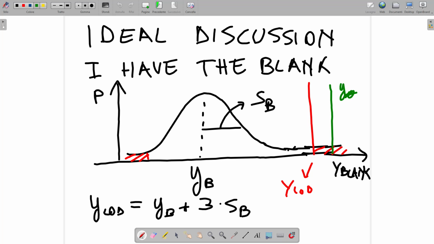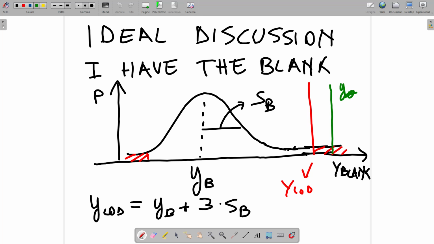But that is when we measure the blank, not when we insert an unknown sample. Let's try to change strategies. Now look at the picture and follow with your eyes the black curve.